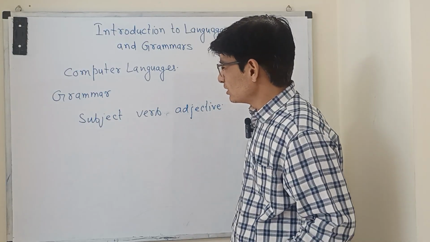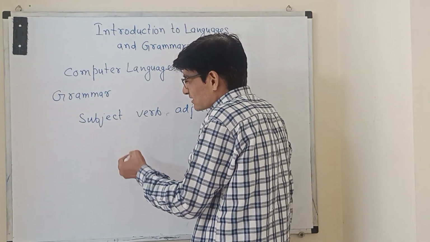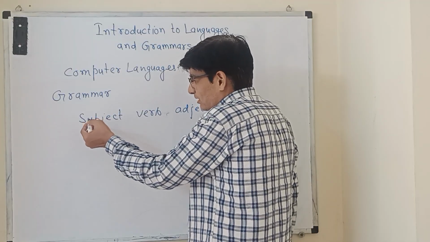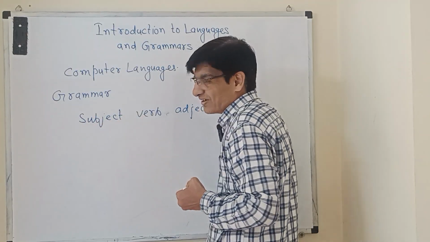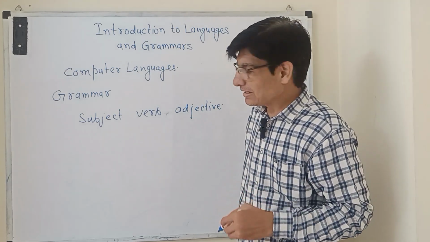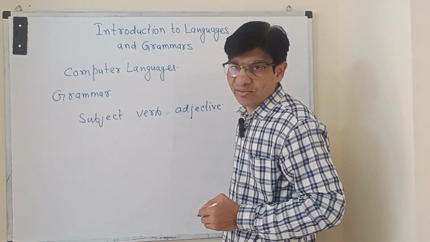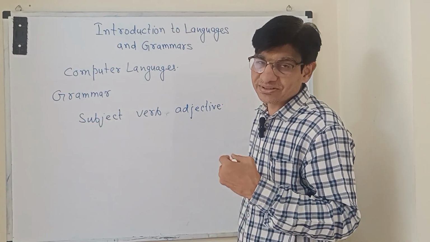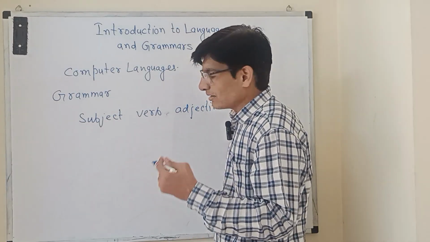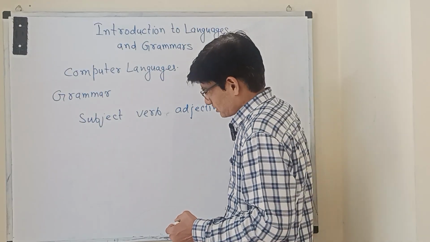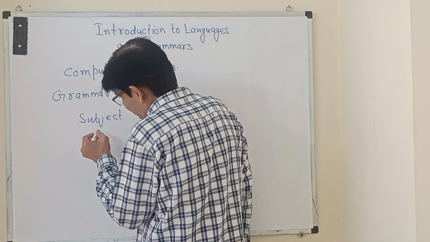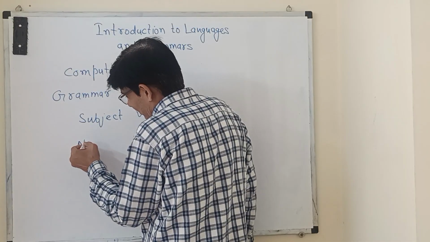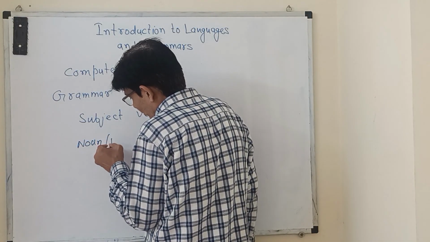Now these subjects may vary according to the situation. Subject may be the name of a person, a place, or a thing. So basically, in place of the subject we can have either a noun or a pronoun.